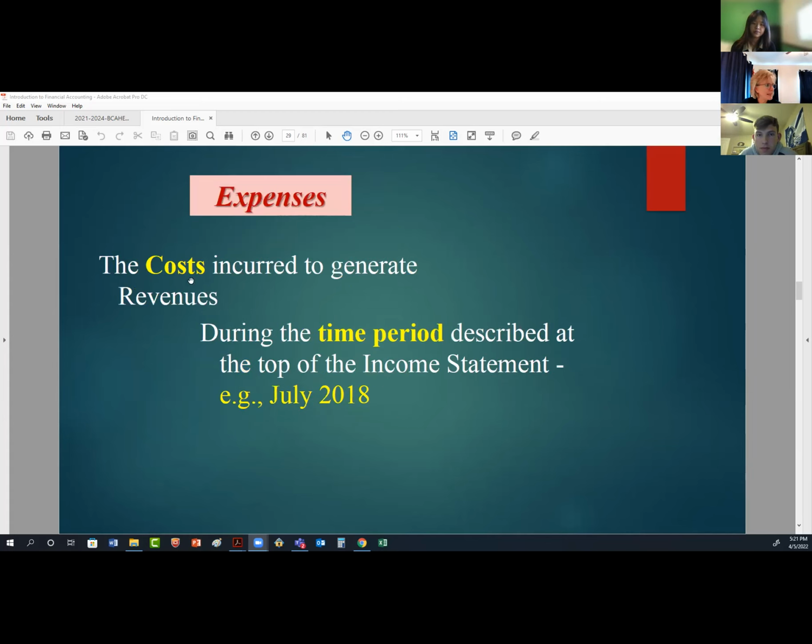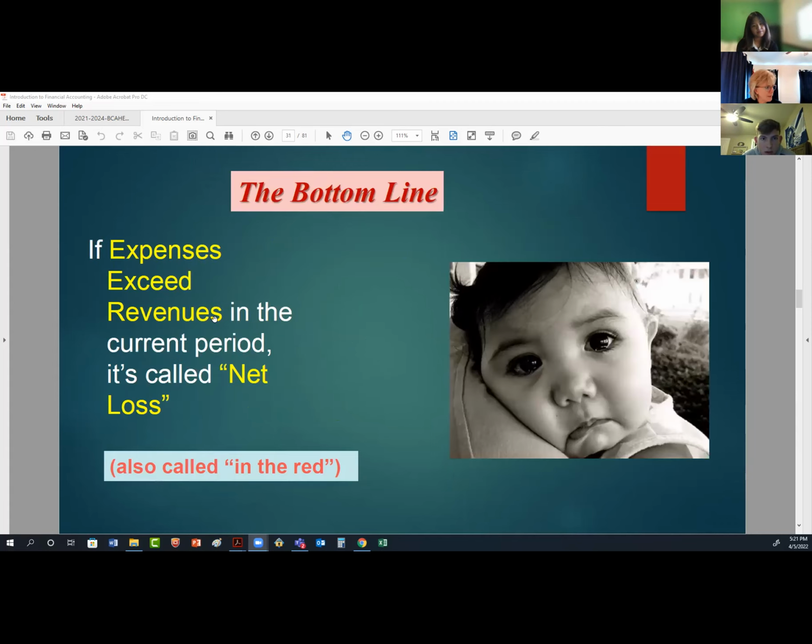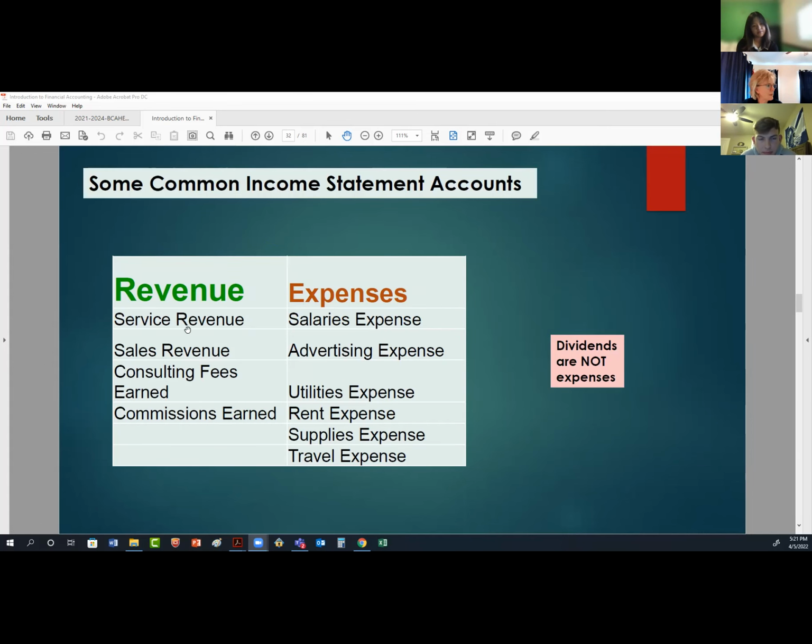Okay, expenses are any costs that you spent during that time period to create that revenue. And that sounds kind of funny at this point, but just bear with me on that definition. Bottom line, net income. If it's a loss, it's negative and it's a loss. So examples of revenue: anything with the word revenue in it, anything with the word earnings in it.